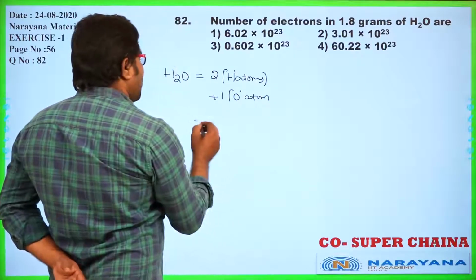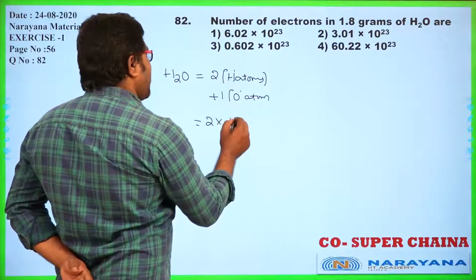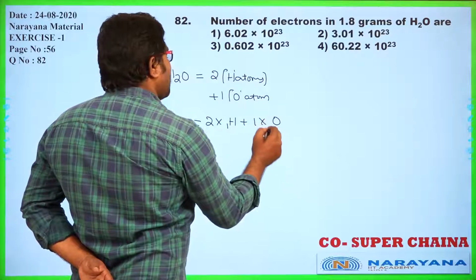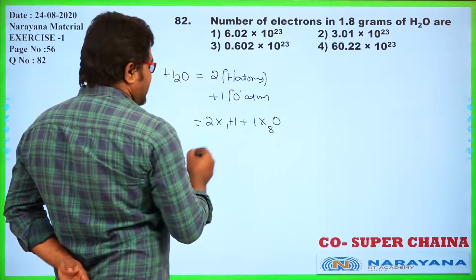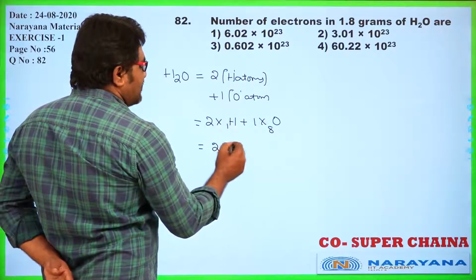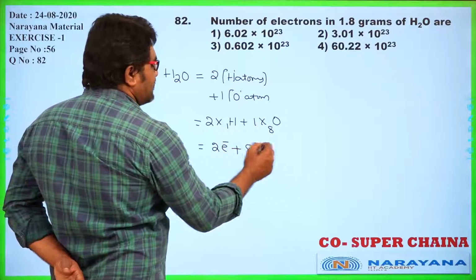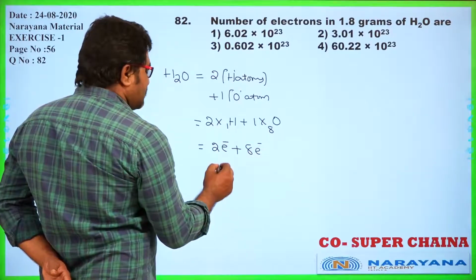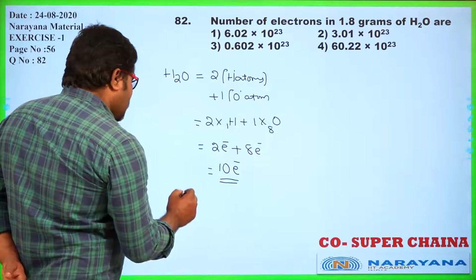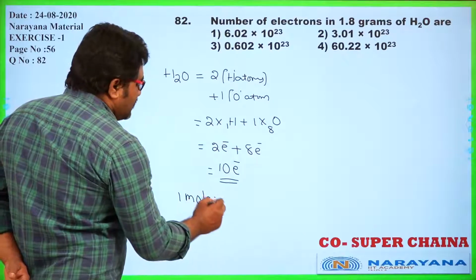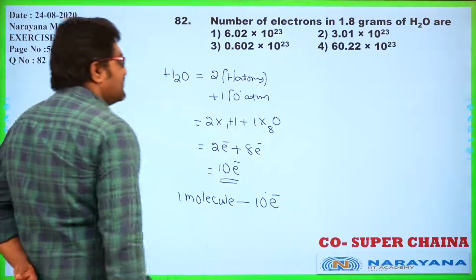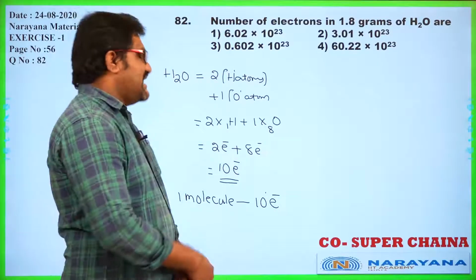What is the atomic number of hydrogen? 1. And the atomic number of oxygen? 8. So each hydrogen contains 1 electron: 2 electrons in 2 hydrogen atoms, 8 electrons in 1 oxygen atom. So totally we have 10 electrons in 1 molecule.